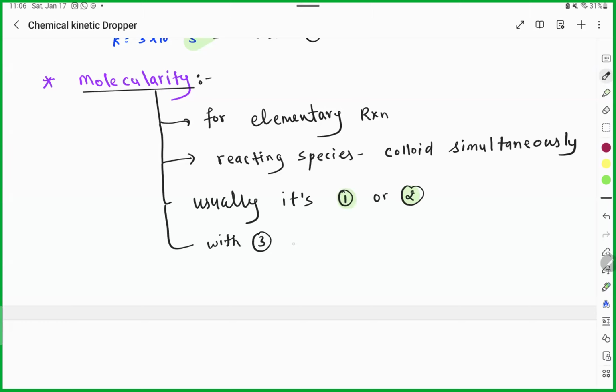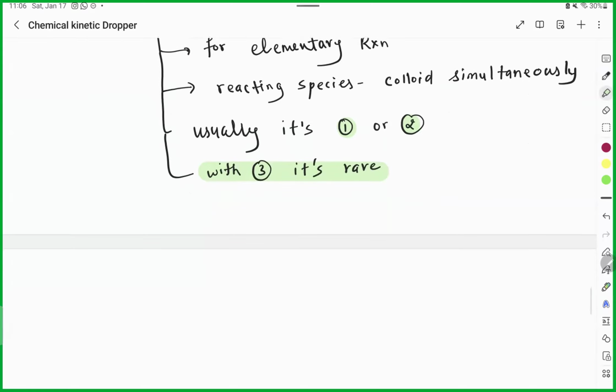With three, it is very, very rare. So usually you will see molecularity is one or two, three is extremely rare.